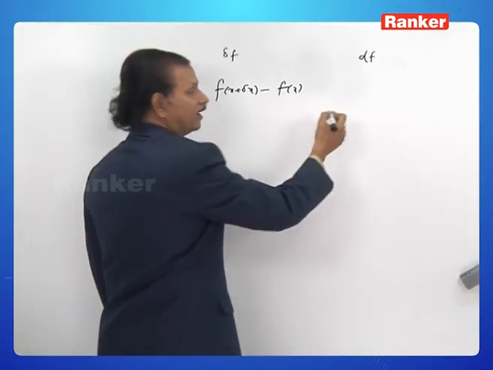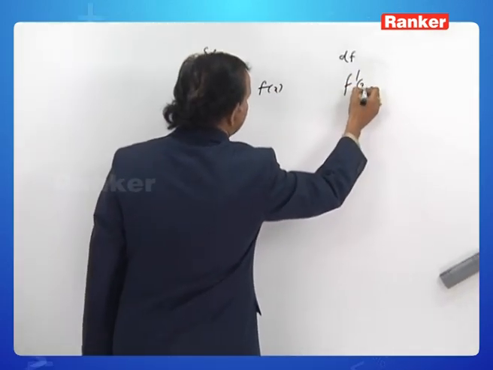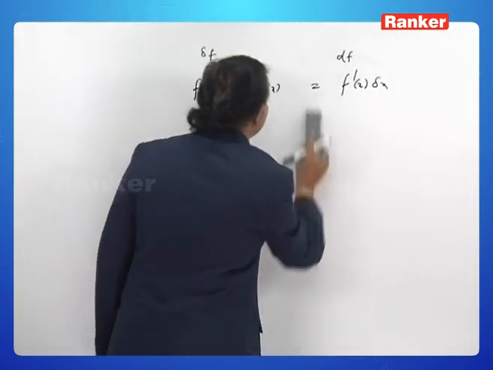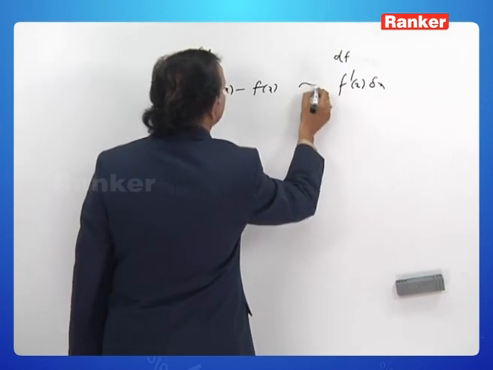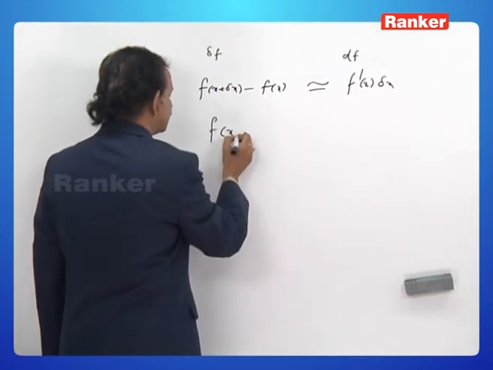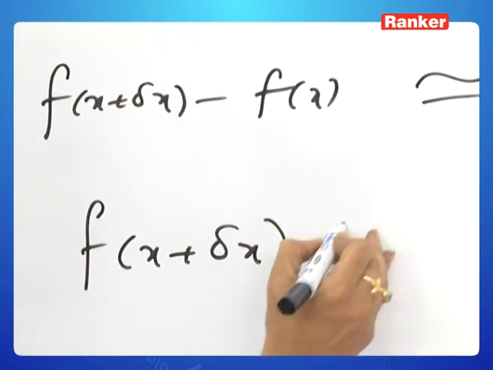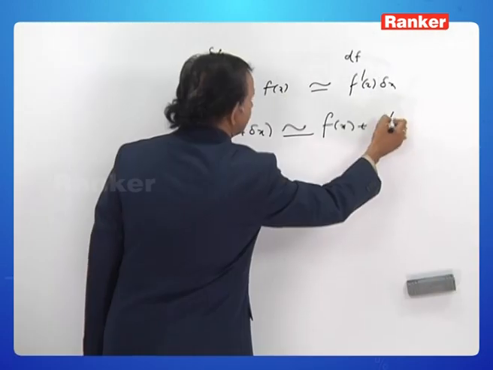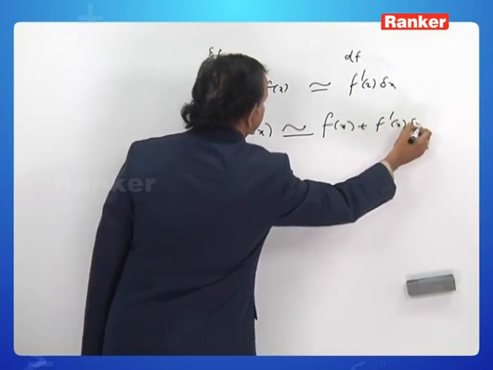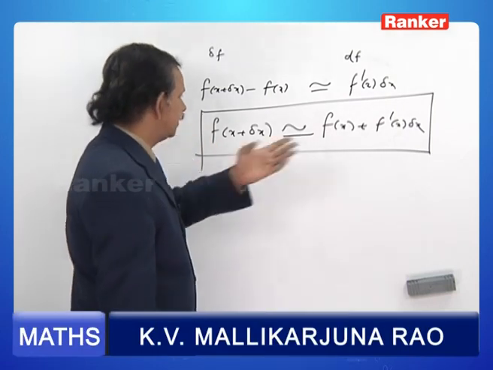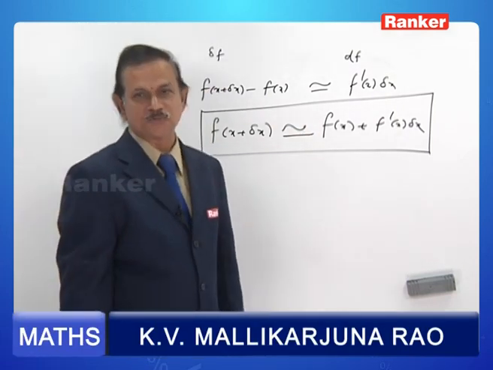What is approximate change? F dash x into delta x. These two are equal or approximately equal? Approximately equal. So from this we can notice f of x plus delta x is approximately equal to f of x plus f dash x into delta x.